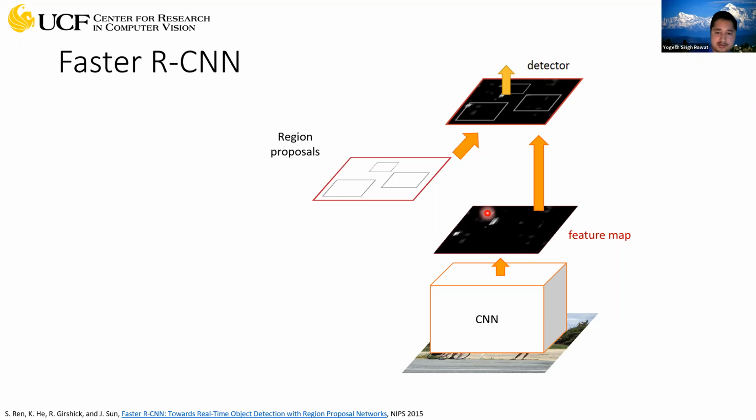So this is the new part, and this is called a region proposal network. Instead of using proposals from any external algorithm, it uses the same feature map to determine where the objects might be present. And this saves the computation cost by a huge margin.